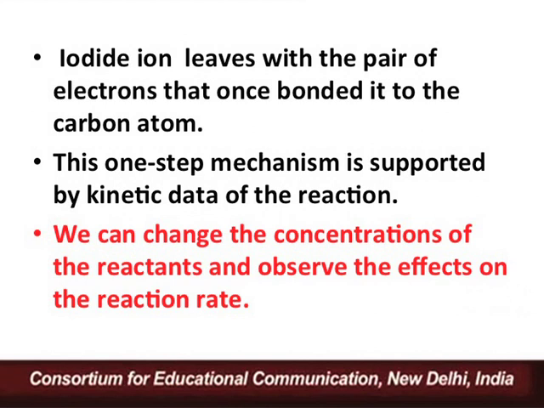This is hence a one-step reaction, and this one-step mechanism is supported by the kinetic data of the reaction. We can change the concentration of the reactants and observe the effects on the reaction rate.